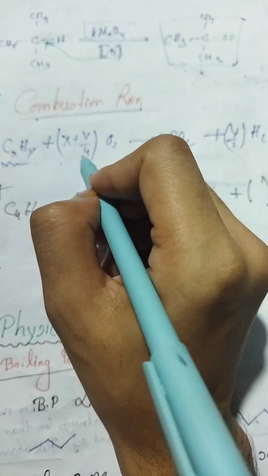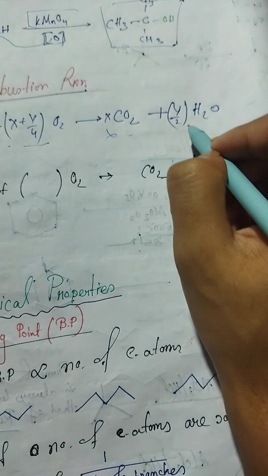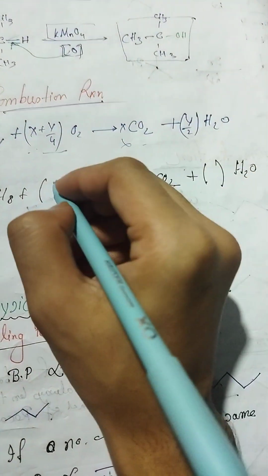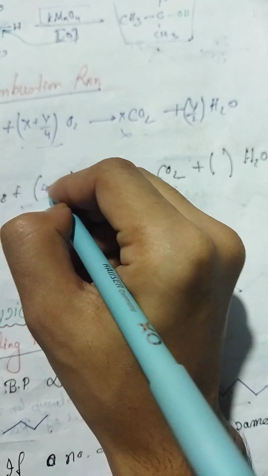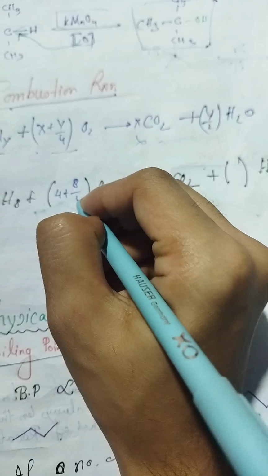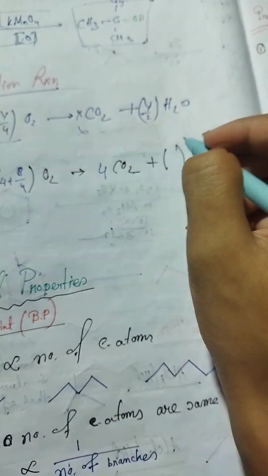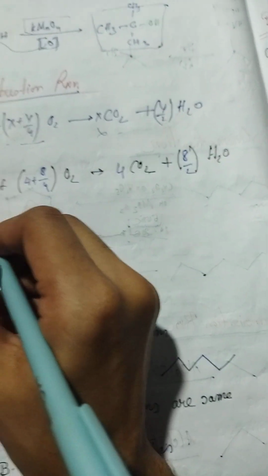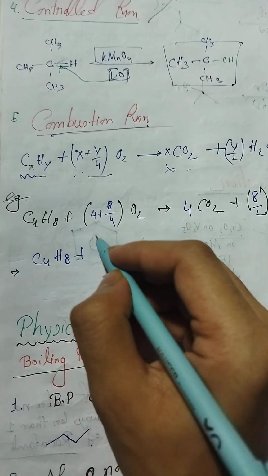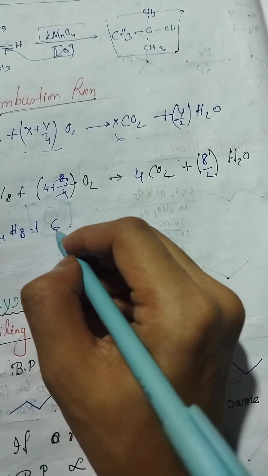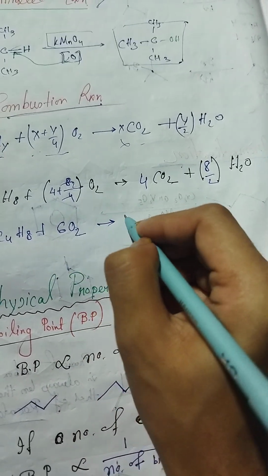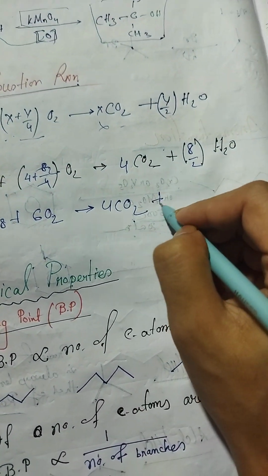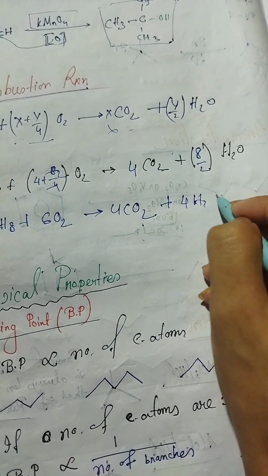CxHy plus (x plus y by 4) O2 gives x CO2 plus y by 2 H2O. Here x is 4, y is 8. C4H8 plus 6 O2 gives 4 CO2 plus 4 H2O.